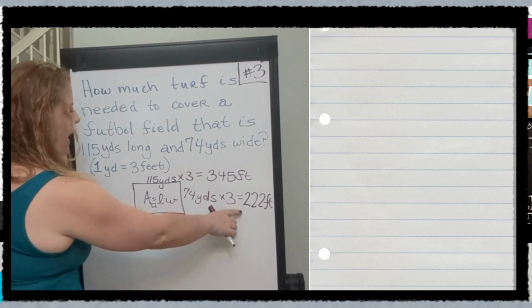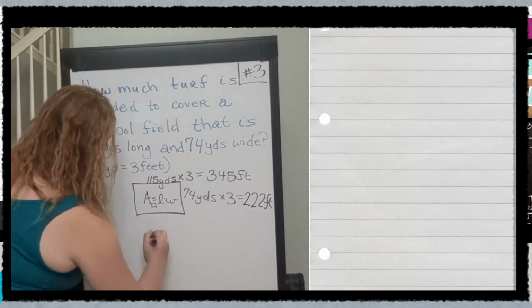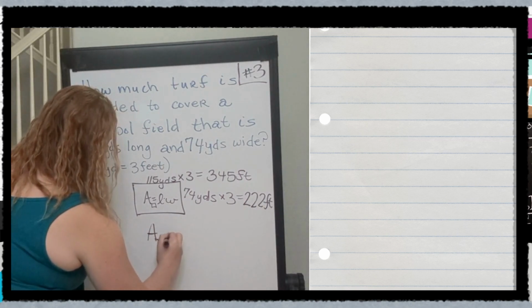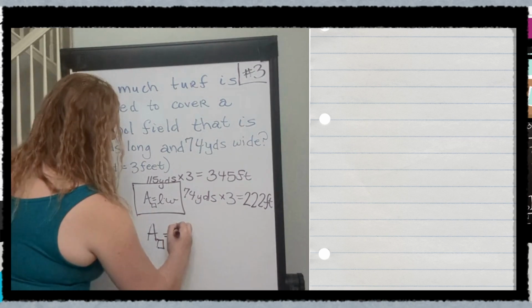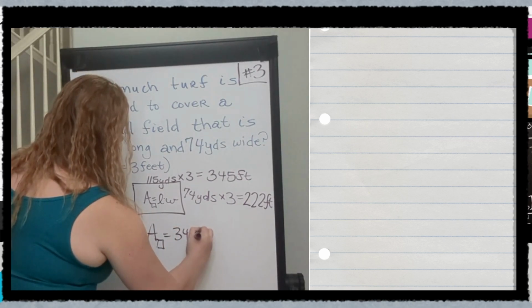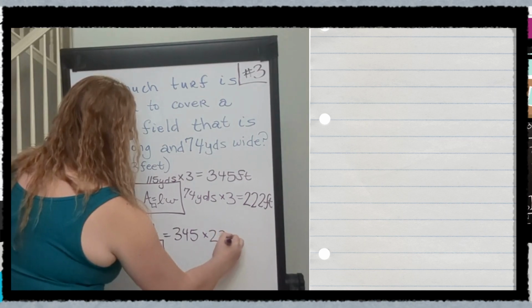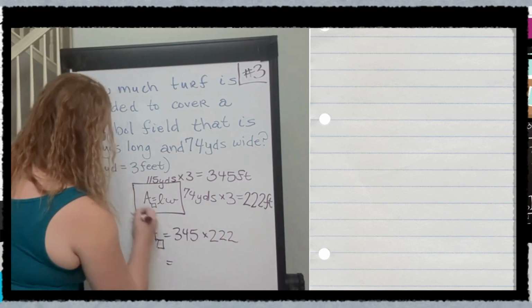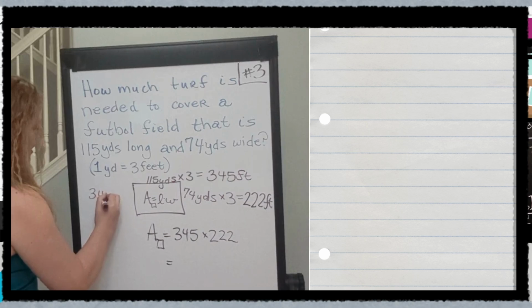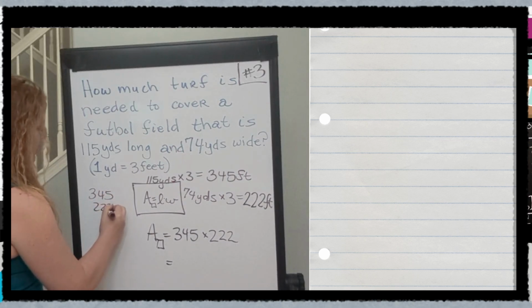We have our length, we have our width. So the area of the turf is going to be 345 times 222. Shame on me for not having a calculator. Maybe I can speed up the video in this part.